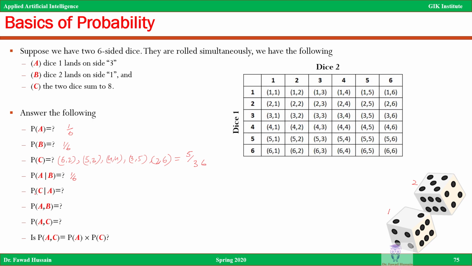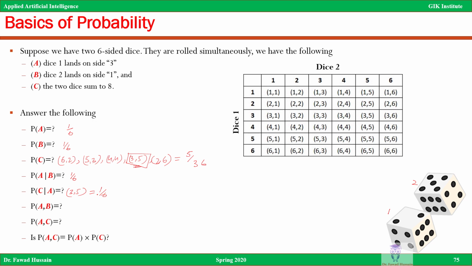However, if I look at this probability, what's the probability of having C given that A has occurred? So if A has occurred, it means the first die has a 3. Now what's the probability that the sum will be 8? The only way the sum will be 8 if the first die is 3 is having this one. So there's only one possibility here, and so the possibility is 3, 5, and the total probability here will be 1 by 6.